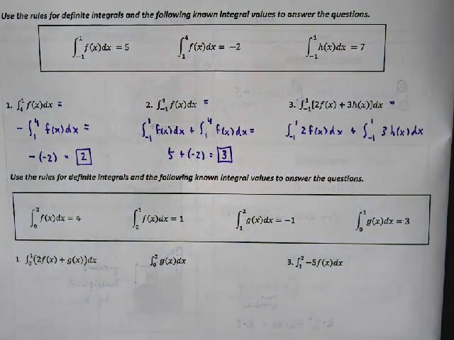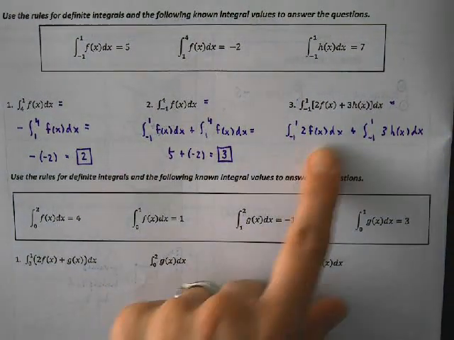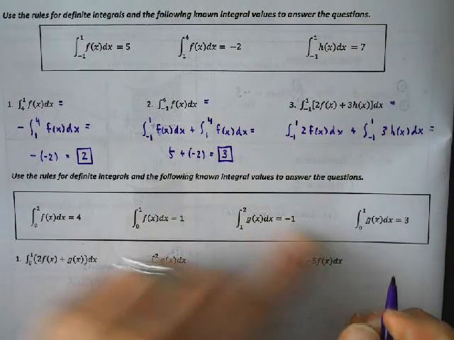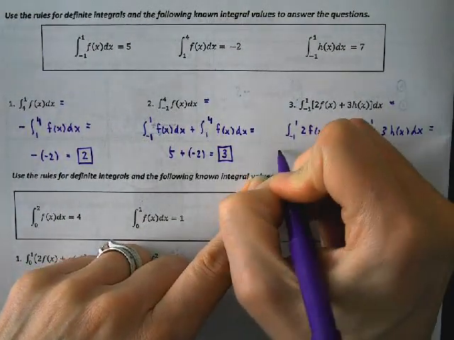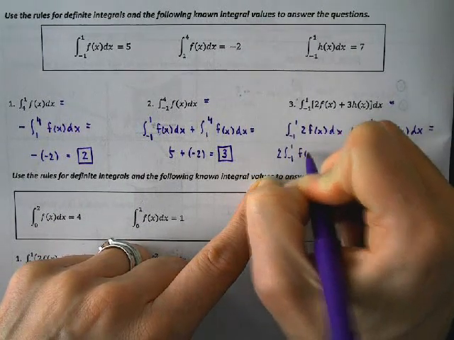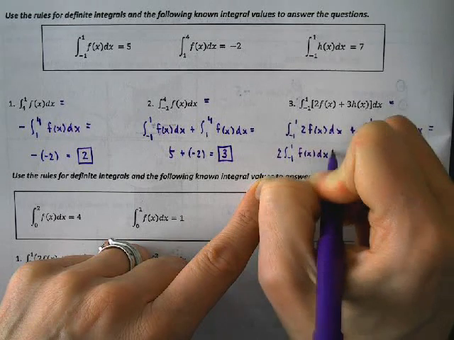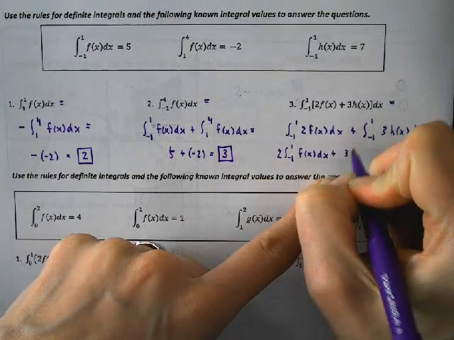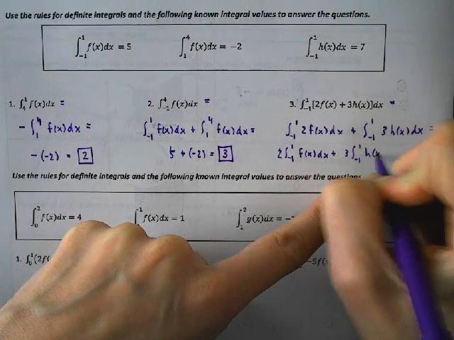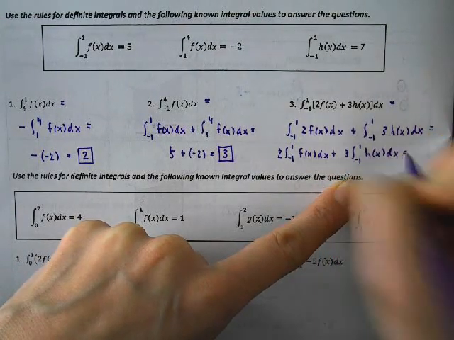Let's make sure you can see that. So all I did first was break up that sum. Now I can use my constant multiple property to pull these constants out front. So 2 times the integral of negative 1 to 1 of f of x dx plus 3 times the integral from negative 1 to 1 of h of x dx.